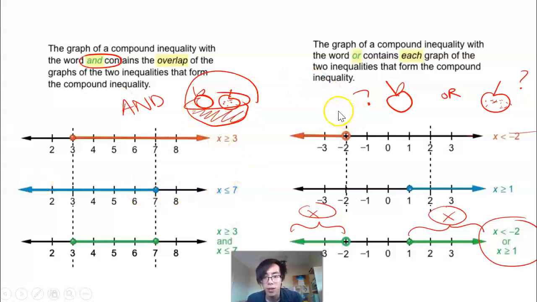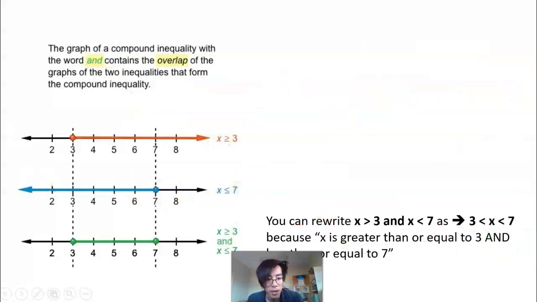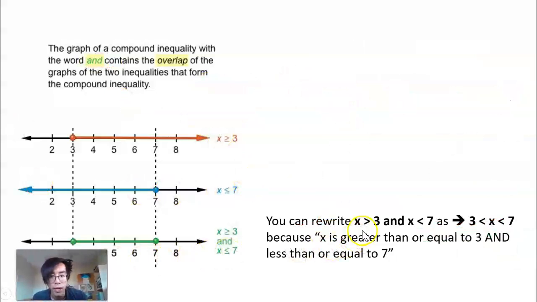All right. So now let's look at this. There's another way to also rewrite a compound inequality when you have an and statement. So when I have x is greater than or equal to 3 and x is less than or equal to 7, I can write it like this.